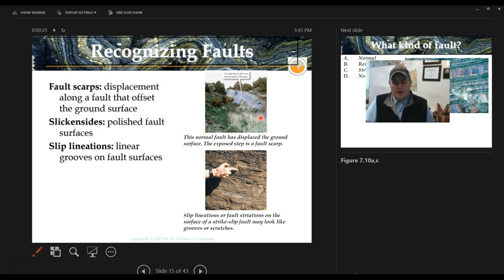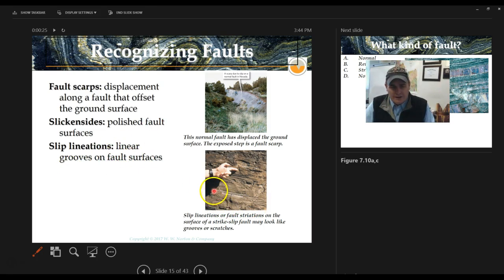Okay, now when those rocks slide past one another, there's lots of pressure on these rocks, and so it will actually shine up and kind of form grooves on the surface of the plane sometimes. And we call these slickensides, which are just polished fault surfaces, and then the slip lineations are the grooves that you can find in those polished areas.